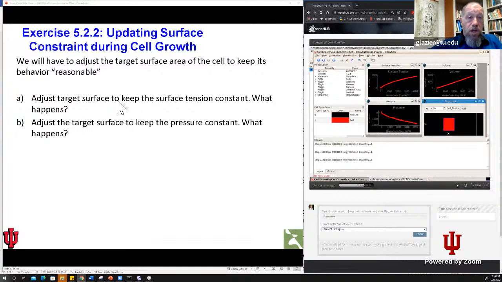And so if I adjust it so that the target surface is updated to be the current surface minus something, then I'm keeping the surface tension constant.